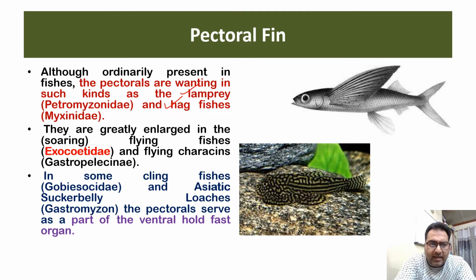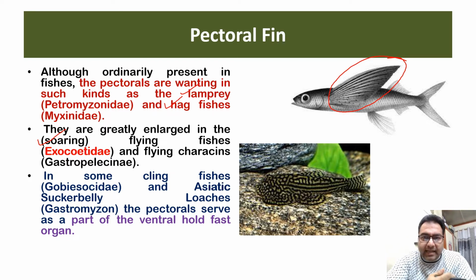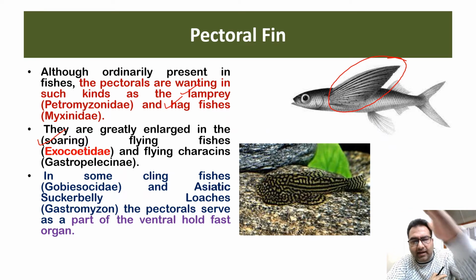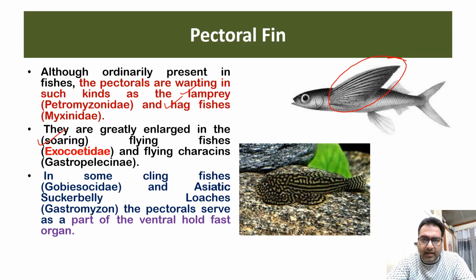They are greatly enlarged in the soaring flying fishes, so extremely large that they help in the gliding of these fishes. When they come out of the water, they can take a leap and glide up to a certain distance, and this is the fin responsible for the gliding. We call them flying fishes, and they belong to the family Exocoetidae.